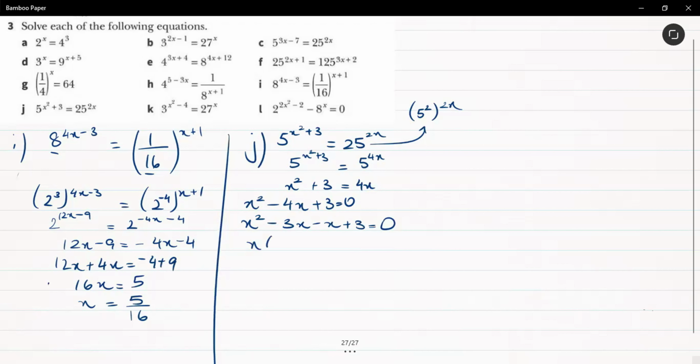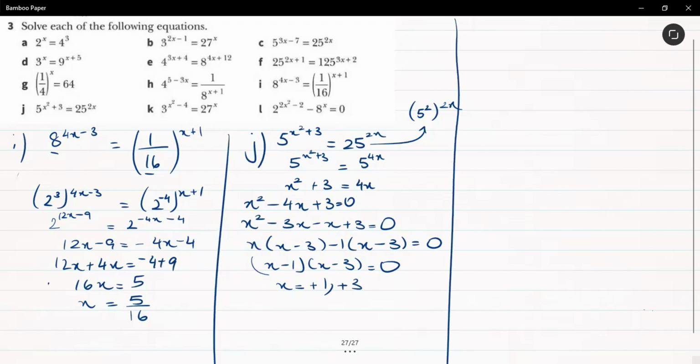And x as the common, x minus 3, minus 1 as the common, x minus 3 is equal to 0. x minus 1 multiplied by x minus 3 is equal to 0. x is equal to positive 1 and x is equal to positive 3. That's our two values for x for part J.